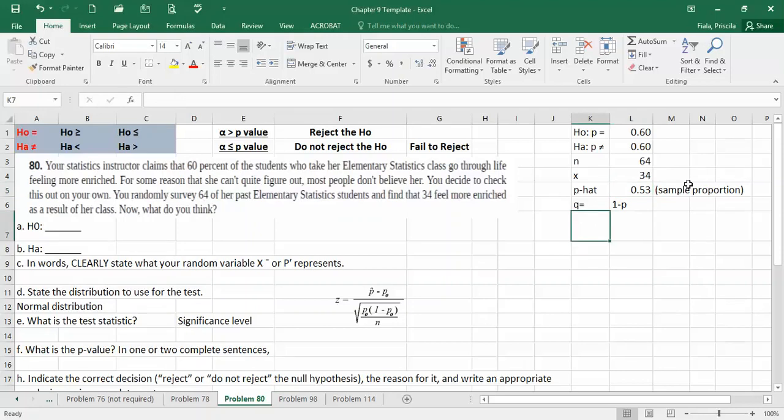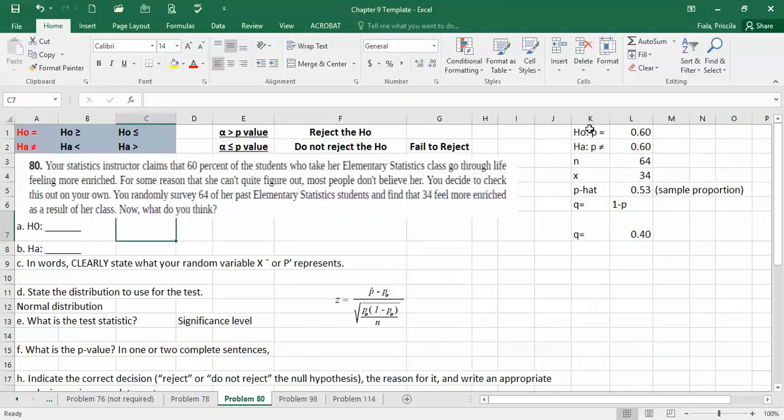Well, we also are going to need what we call the number of failures. So we know the number of failures is equal to 1 minus what we determine as the number of successes. In this case, she's saying 60% to be successful. So your failures is the remaining 40%.